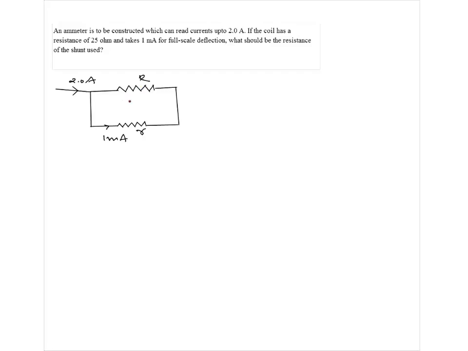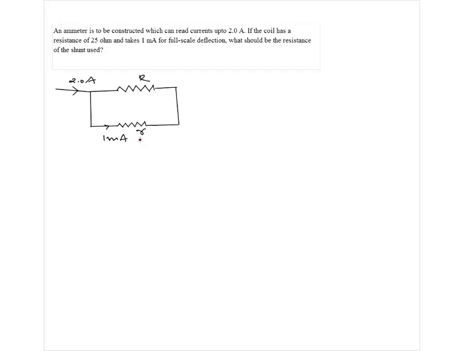If you want to measure 2 ampere current, choose capital R such that only 1 milliampere goes through the coil, and it deflects completely, and you have written down when it will be 1 ampere, when it will be 2 ampere. The scale has been made by you. That is the calibration part.